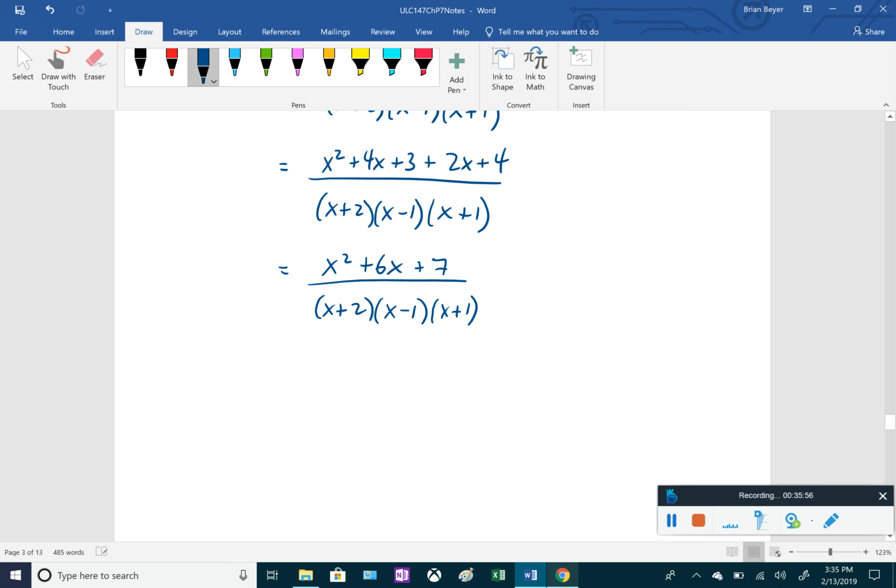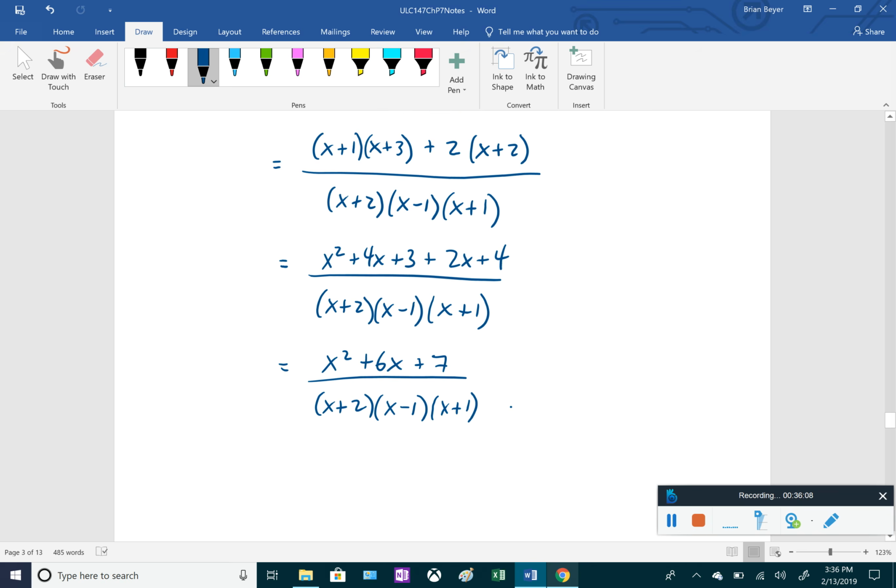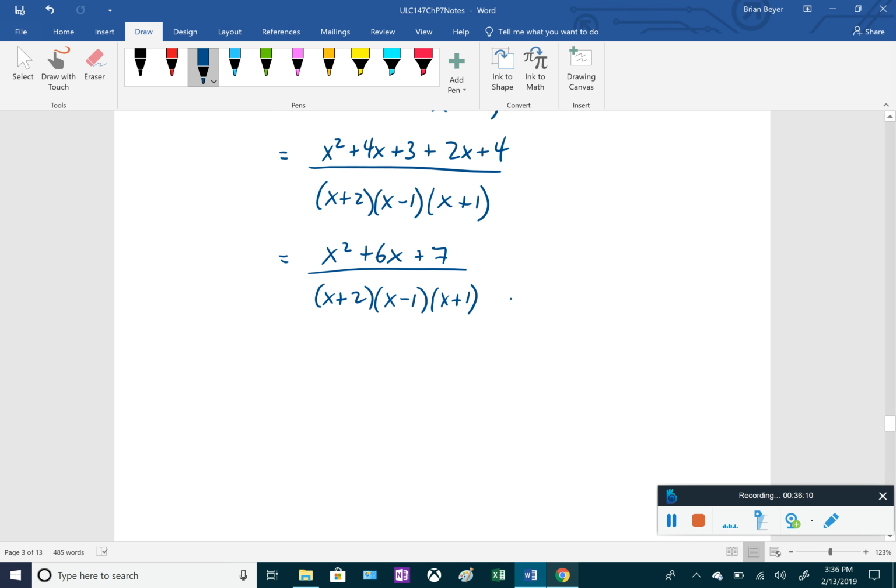It kind of looks like we can for a second, but it doesn't factor. So I'm actually just going to leave it just like this. You can distribute that denominator if you want, but it's kind of messy, so I'm not going to bother. And once again, if you set all of the factors in the LCD equal to 0, you would see that we would have to exclude the values -2, -1, and 1.